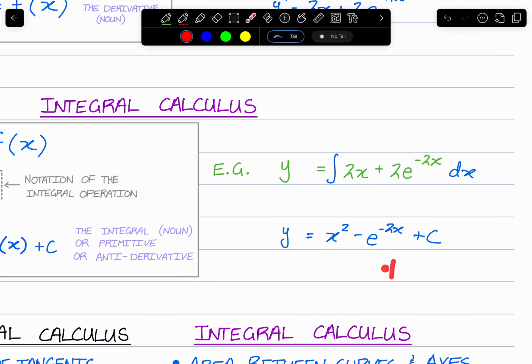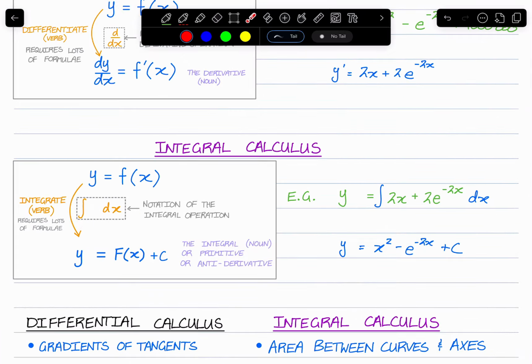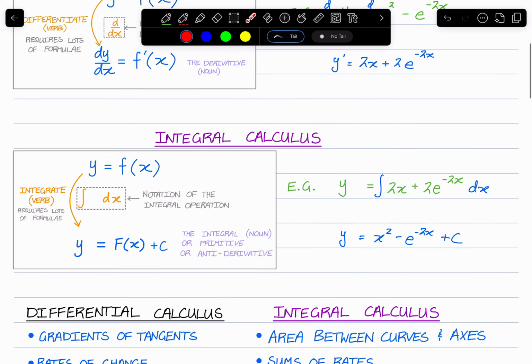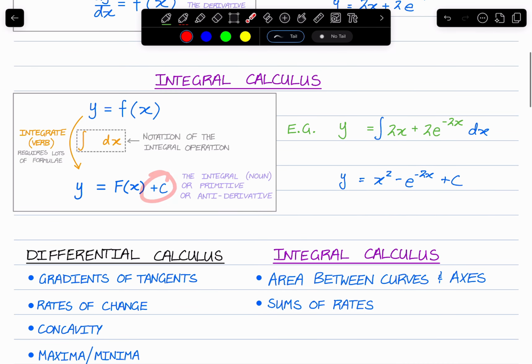It could have come from where c was 1,000,000. But we don't know that if we just have this function to integrate. Hence why we always have this plus c if we are working with an indefinite integral. More on that later. So when we do basic integrations, there will always be this plus c at the end.